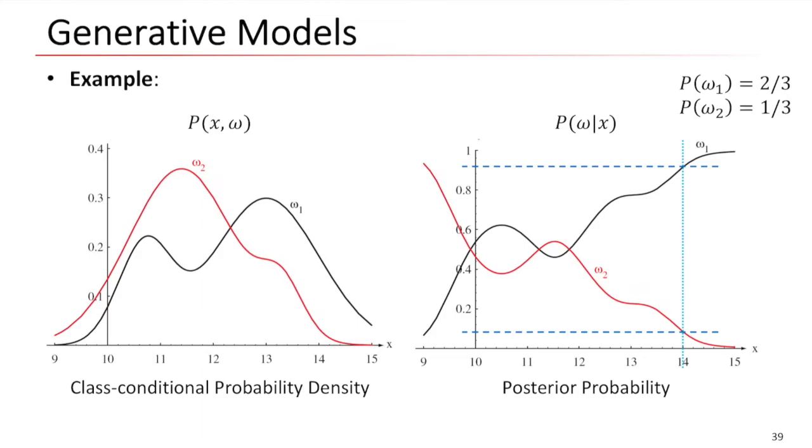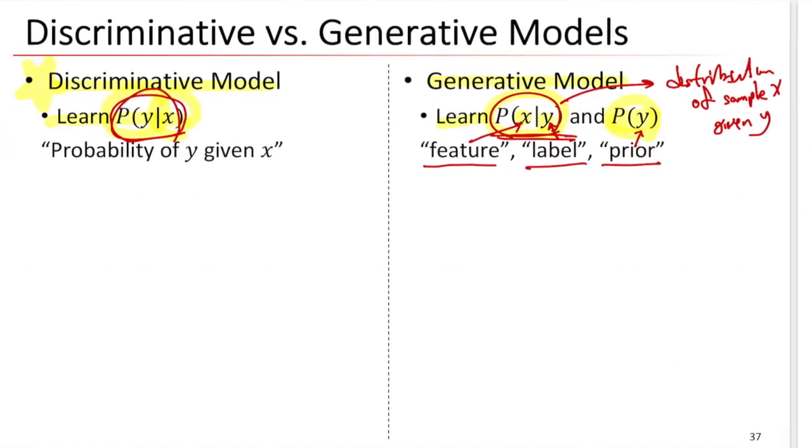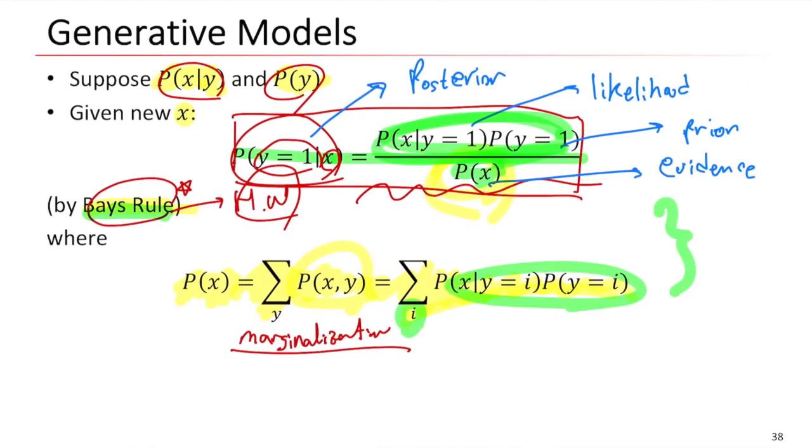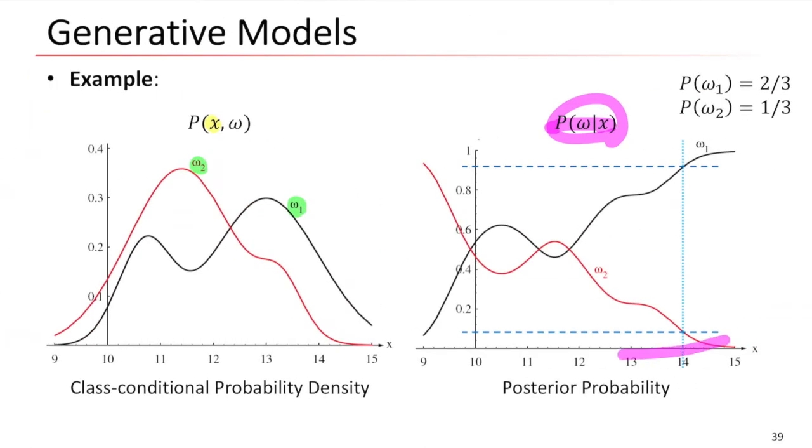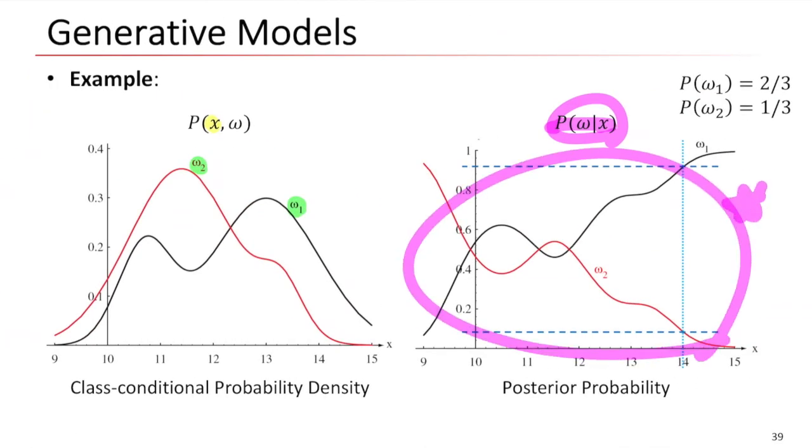Here's an example. In this example, w means the class label, class 1 and class 2, and x is the feature. What we want to do is to find the probability of the class w given x. If we use the discriminative model, we can just find this mapping function using the decision boundary or something like this.